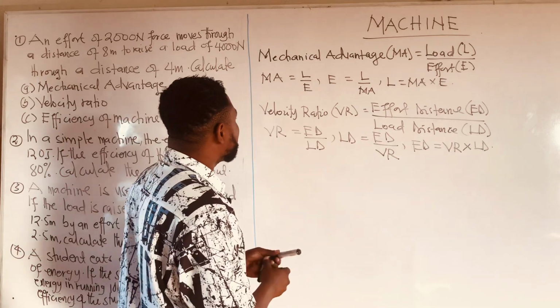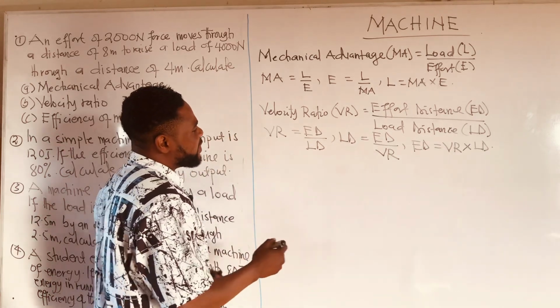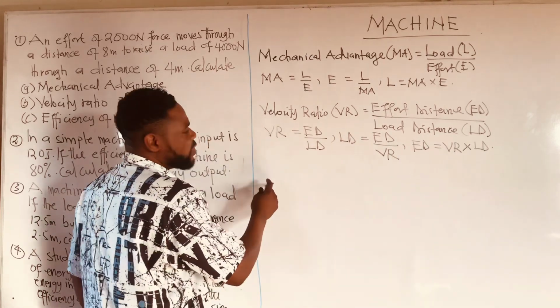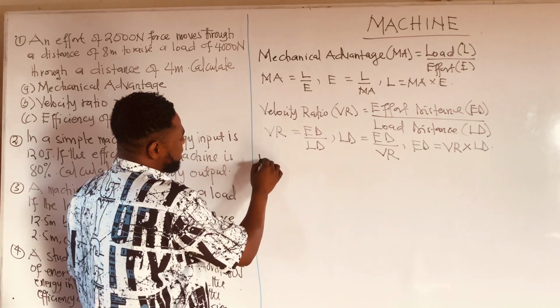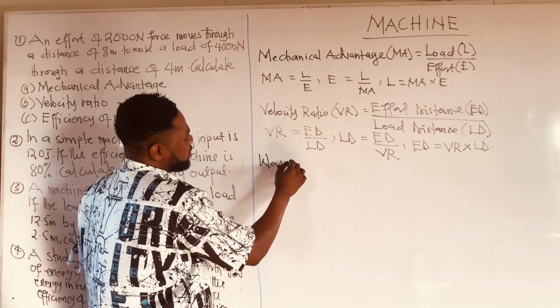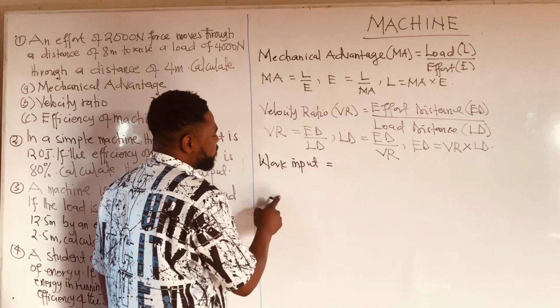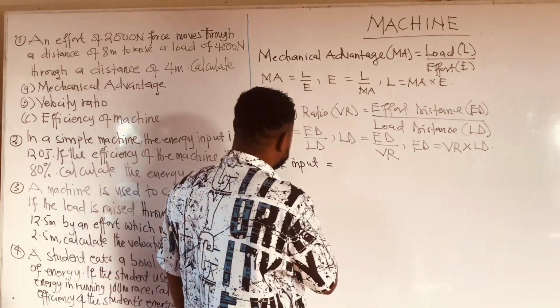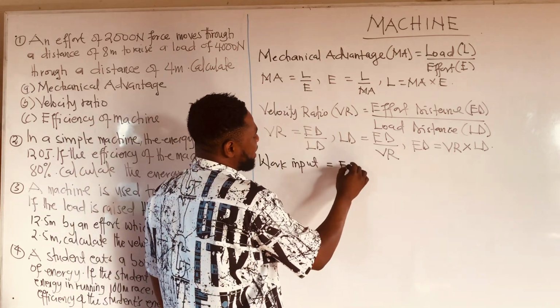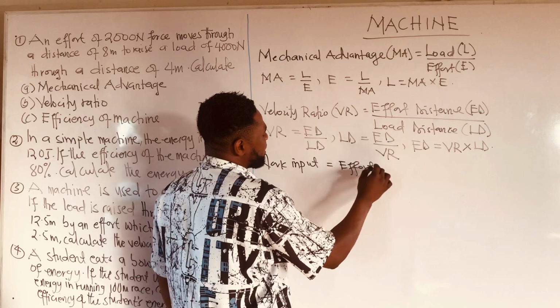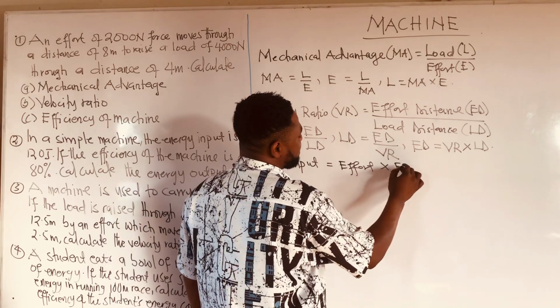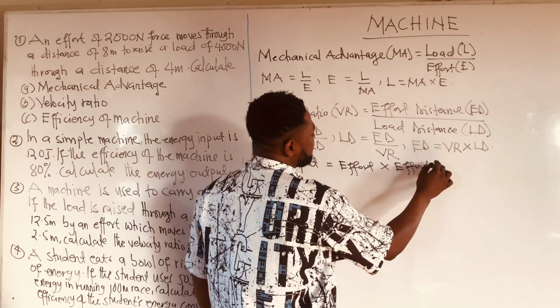All right, we can also have a formula under what we call work input. We say work input is equal to effort times effort distance.